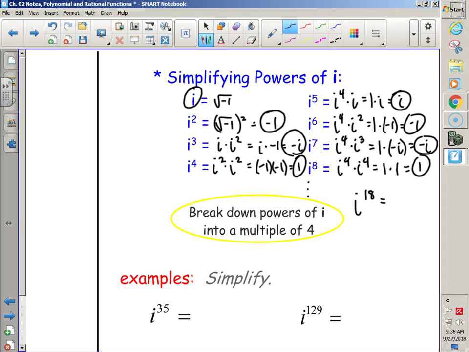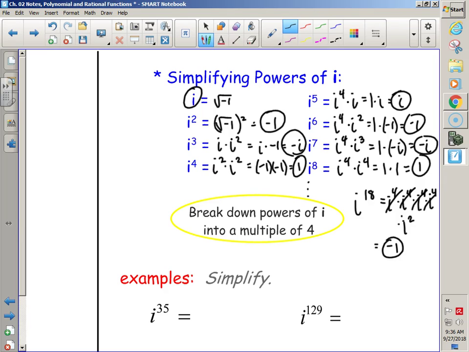Why did Kyle jump to 16 in his head? Because I could do 4, 8, 12, 16, and that's 1 and 1 and 1 and 1, so I just want to know how many more. How many past 16 is it? And that puts it in a camp. Oh, it's really just an i squared. Oh, it's negative 1.